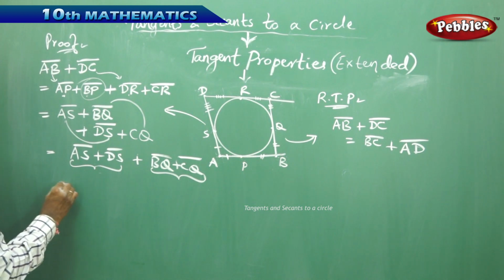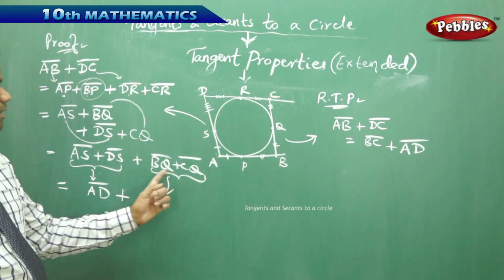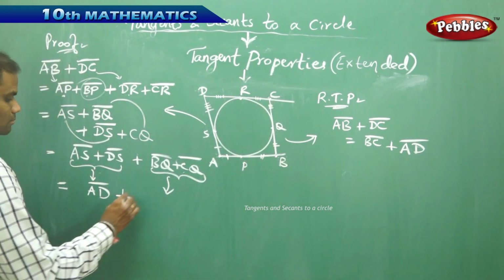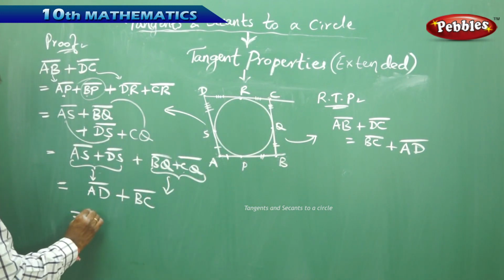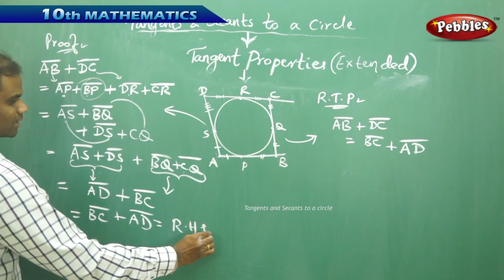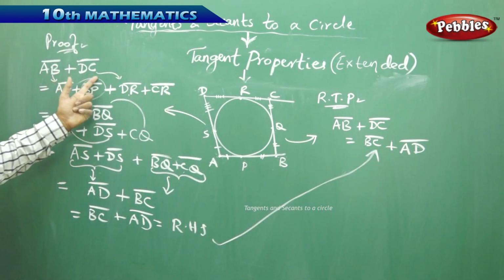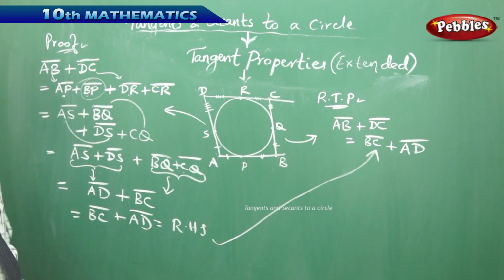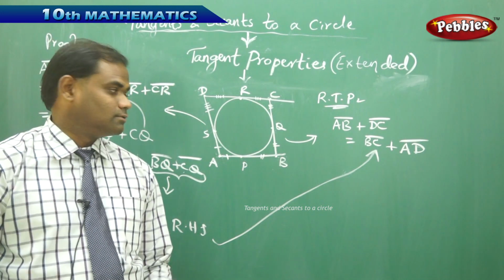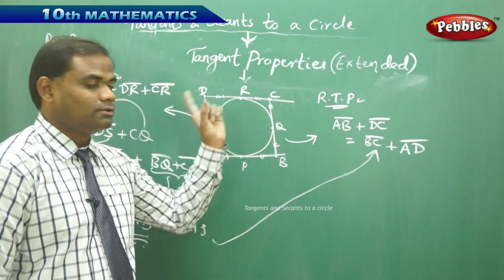And BQ plus CQ can clearly be seen as BC. When rearranged, this gives me BC plus AD, which is clearly the right hand side of what was required to prove. Therefore, I have proved that AB plus DC is equal to BC plus AD, hence proved. This is how we understand, through the lengths of tangents from an external point, the quadrilateral ABCD formed around the circle PQRS.